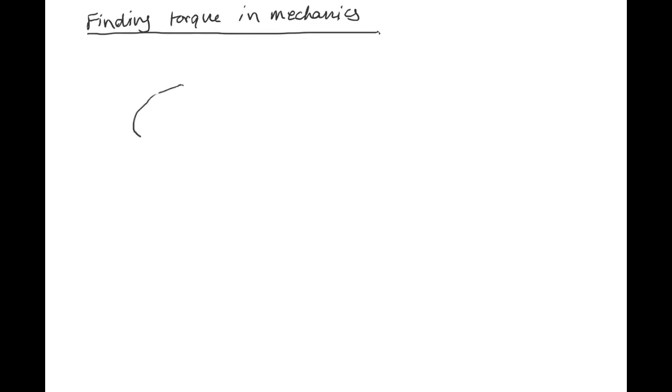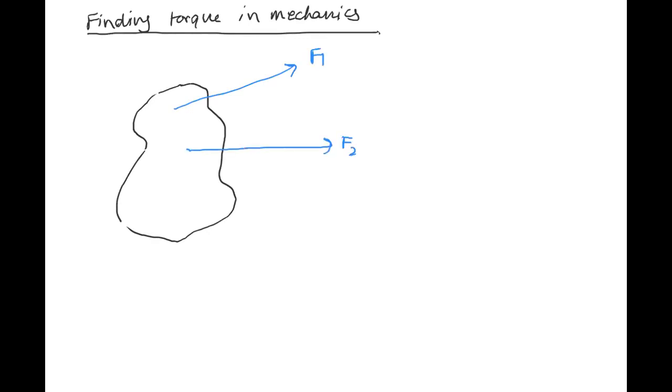So we have a rigid body here. And on this rigid body, there are forces acting. So this is F1. This is F2. This is F3.